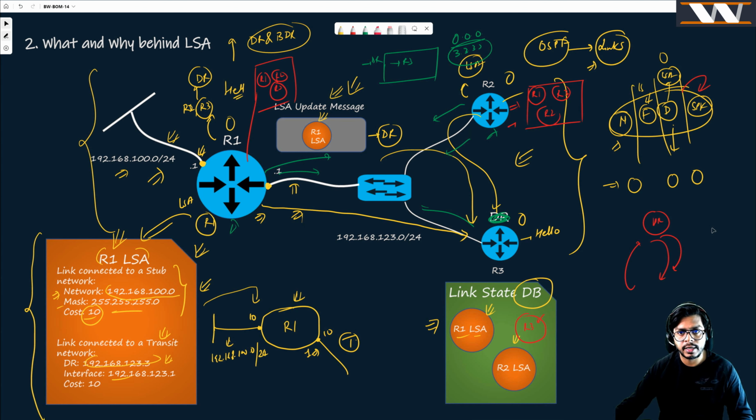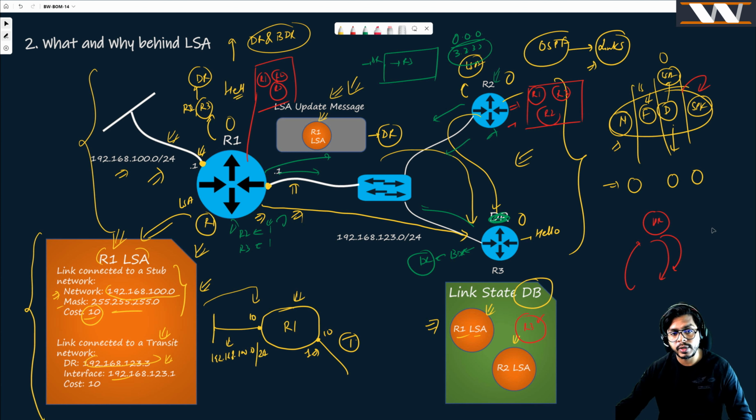R1 is going to receive the hello from R2 and from R3. The priority value is going to be 1 by default for R2 and R3, so it is a tie, and that is why the next thing is the router ID. The router ID of R3 is greater than everybody else's. So R3 is going to be selected as BDR first, and then it moves to DR. So everybody knows, everybody calculates that R3 is my DR.